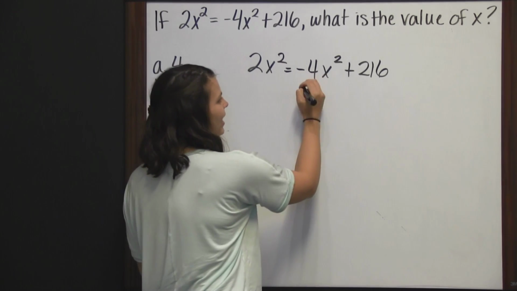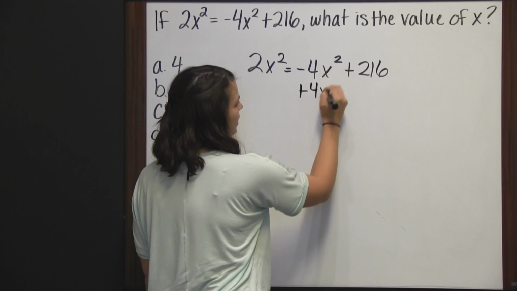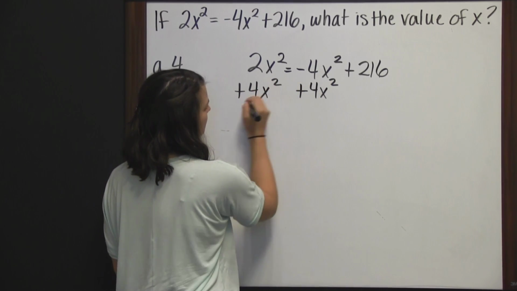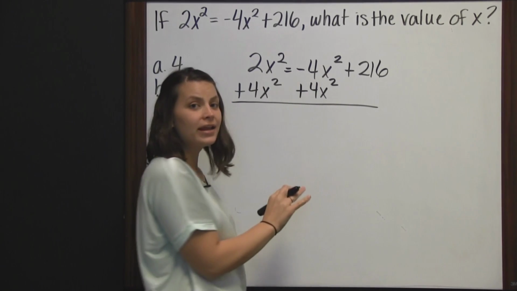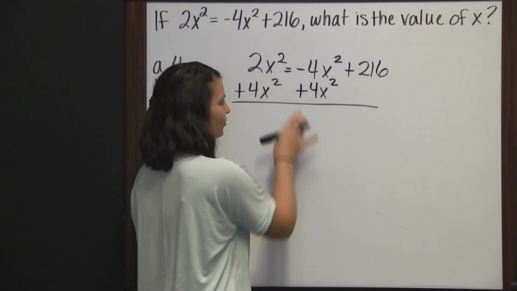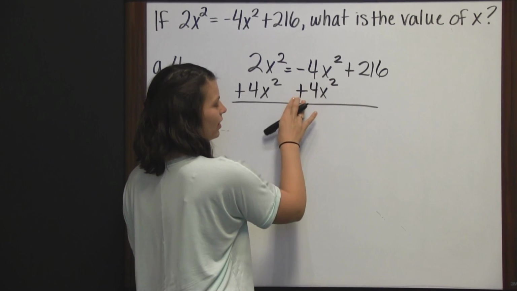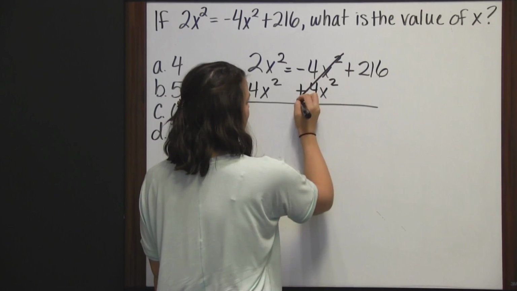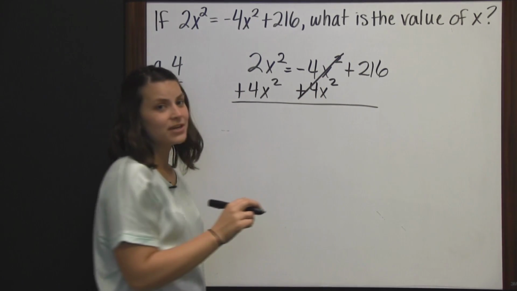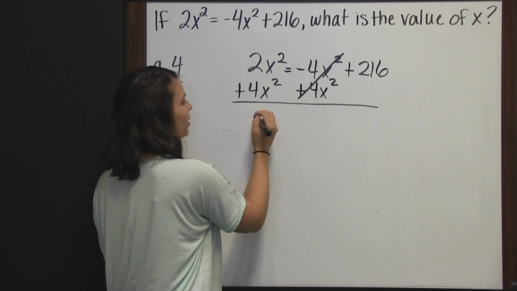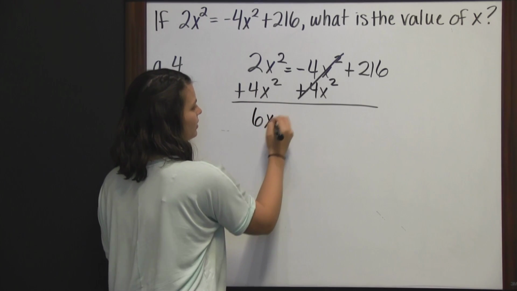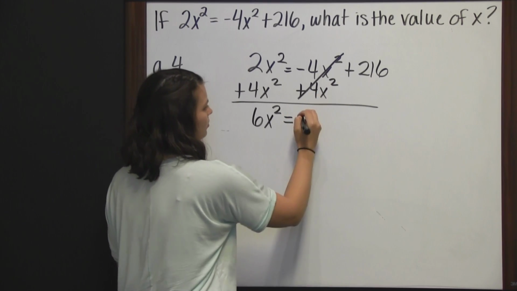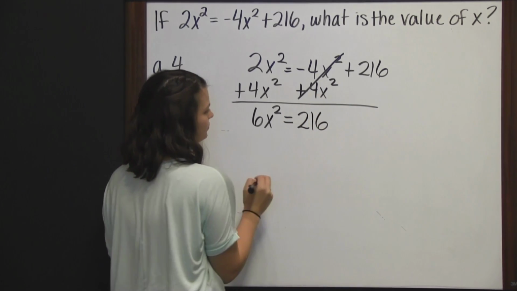So I'm going to add 4x squared to both sides so that on the right-hand side, it'll cancel because I have a negative 4x squared and a positive 4x squared, and those are additive inverses. Now on the left-hand side, 2x squared plus 4x squared is 6x squared. Bring down the equal sign and bring down 216.